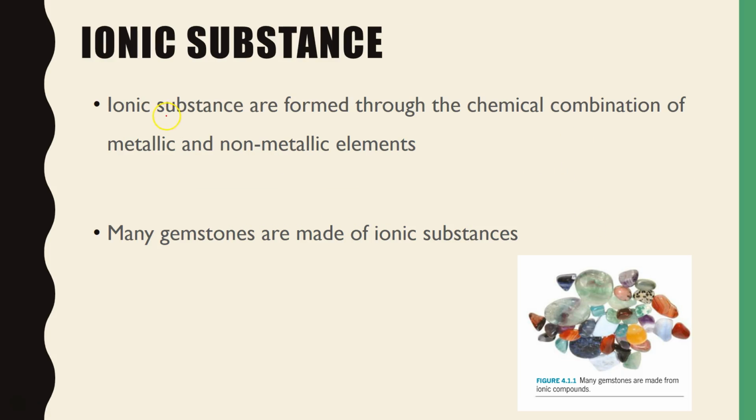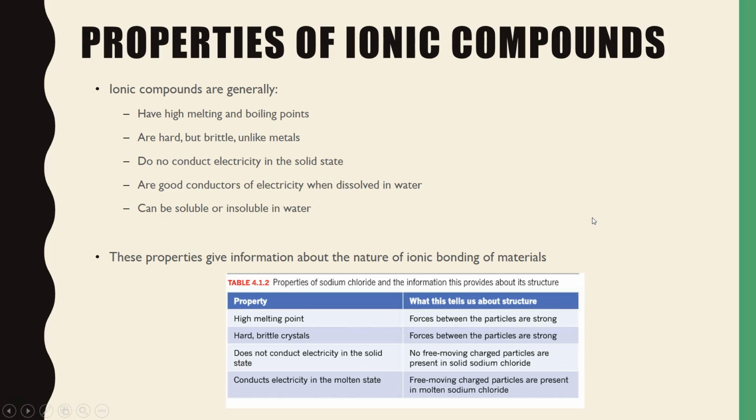Ionic substances, or ionic compounds, are formed through the chemical combination of metals and non-metallic elements. Many gemstones are ionic substances. Ionic compounds generally have high melting and boiling points, and are generally brittle and hard, so they break when pressure is put on them, but they're very hard to break.